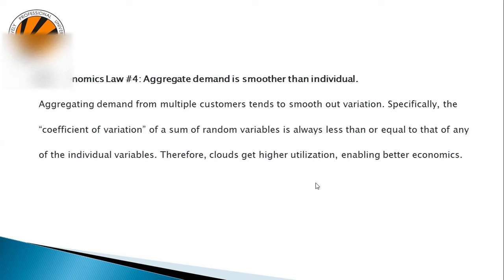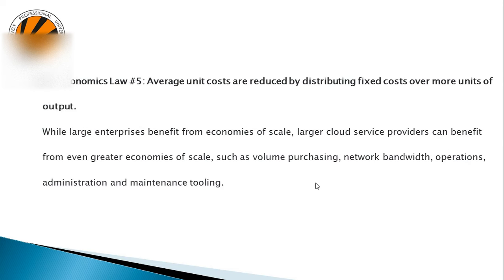Fourth, aggregate demand is smoother than individual demand. If a single company has certain requirements, and there are a number of companies with similar or different requirements, your total overall utilization will increase. Fifth is, average unit costs are reduced by distributing fixed costs over more units of output. That is economy of scale. If you have a greater number of items to develop, your cost per unit will decrease.